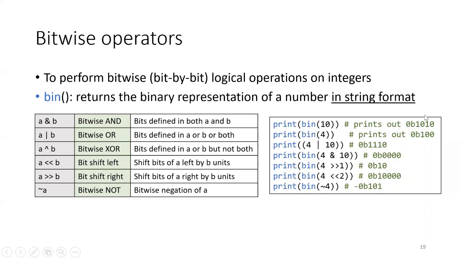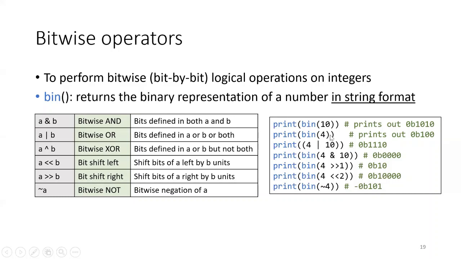So it starts with the first bit, which is 1. A binary representation of 10 is 1010 because 10 is simply sum of 8 and 2. So the bits that correspond to 2 and 8 are 1 and the rest are 0.